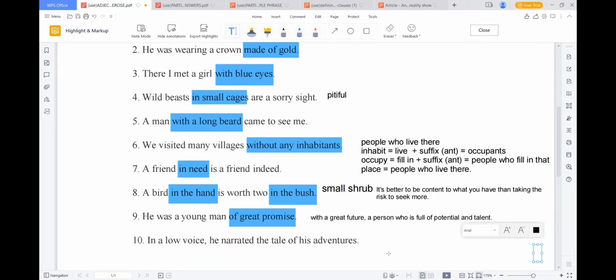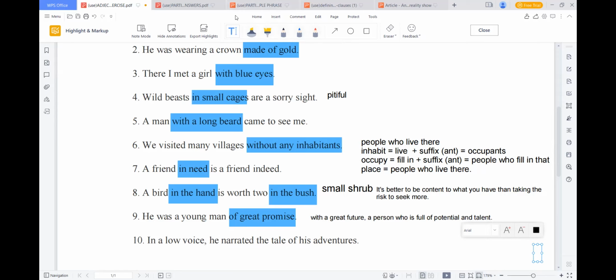So look for something to describe a noun. So in this sentence, which one is a noun? Narrated the tale. Narrate is a verb, 是动作来的。Which one is a noun? The tale. Yes, the tale.